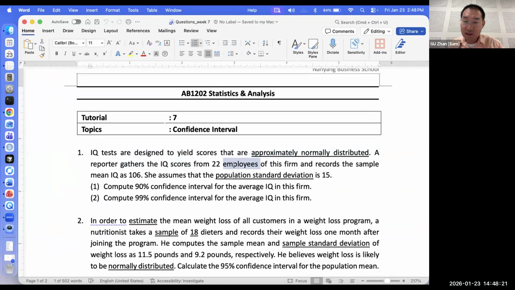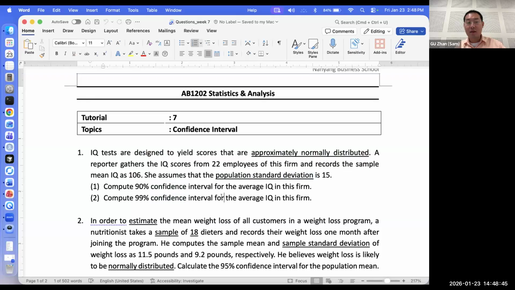The sample is small, but it's okay. The sample mean is x bar 106, n equal to 22. She assumed the population standard deviation is known, sigma 15. Then compute the 95% and 99% confidence intervals for the average IQ in this firm.